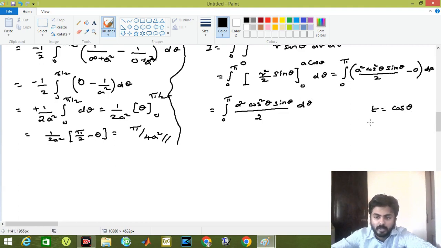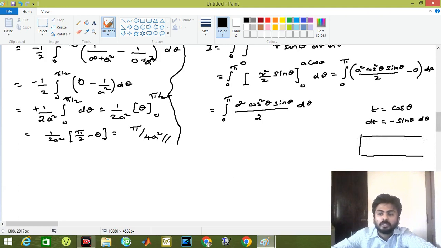Then dt will be given by dt equal to minus sin theta d theta. So I have to check the limits also, because the entire function is transformed from theta to t.